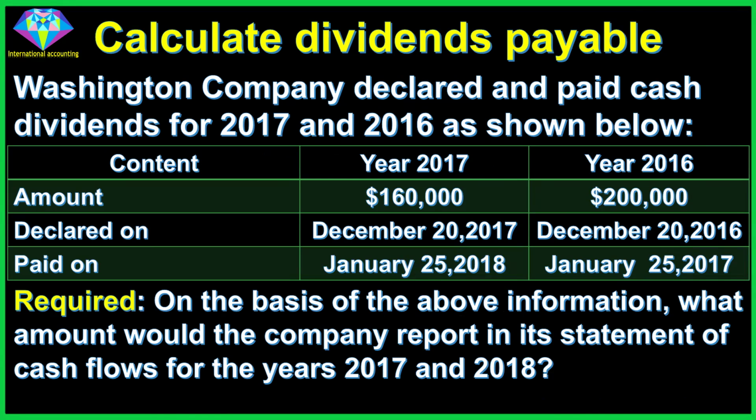Declared on December 20, 2017 and December 20, 2016. Paid on January 25, 2018 and January 25, 2017. Required. On the basis of the above information, what amount would the company report in its statement of cash flows for the years 2017 and 2018?